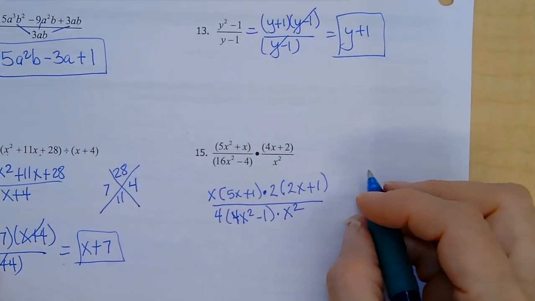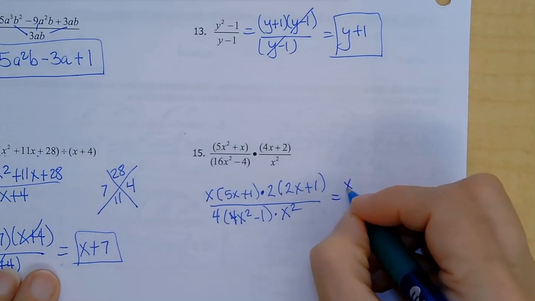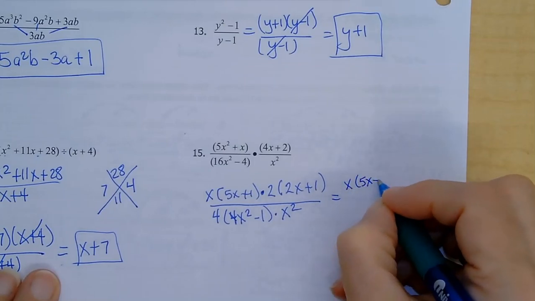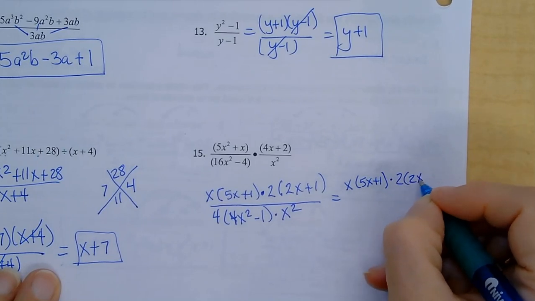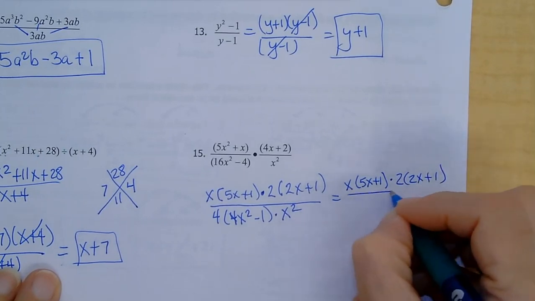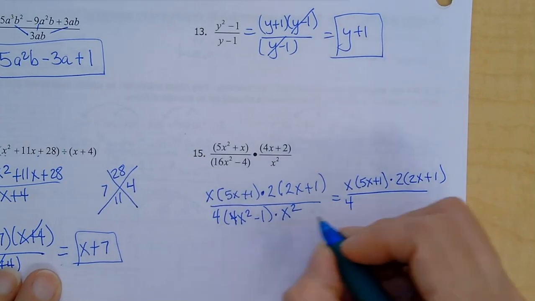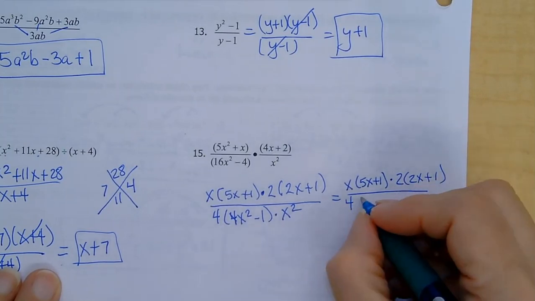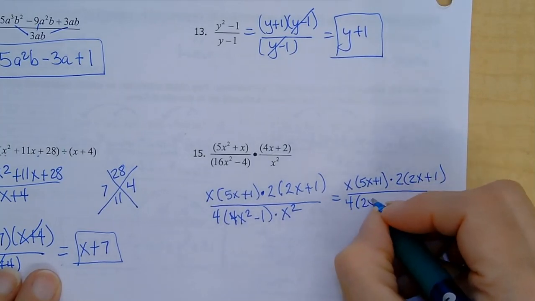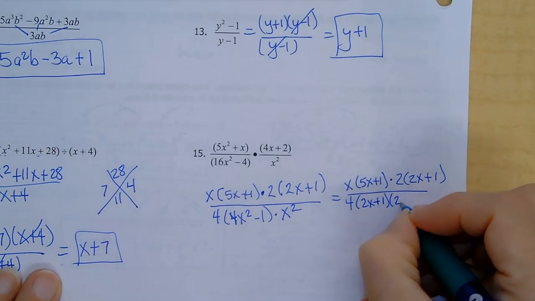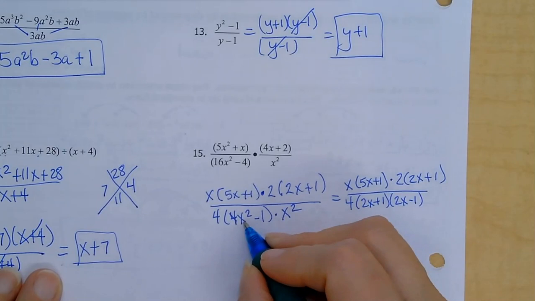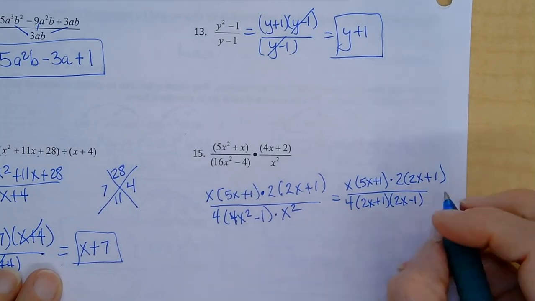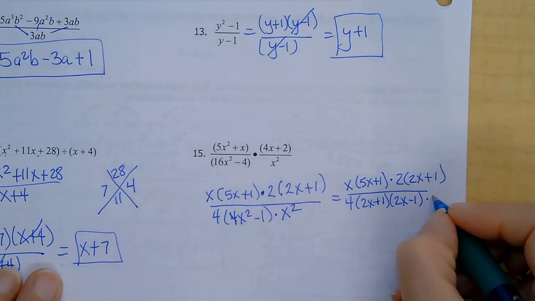So let's say that this is x times 5x plus 1 times 2 times 2x plus 1. It's all over 4, right? And I know the difference of squares is going to be 2x plus 1 times 2x minus 1. Right? Just that part is 4x squared minus 1 times x squared.